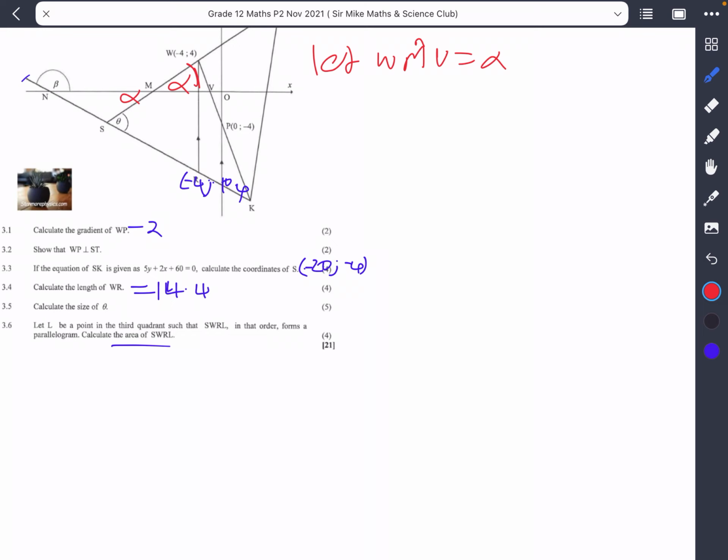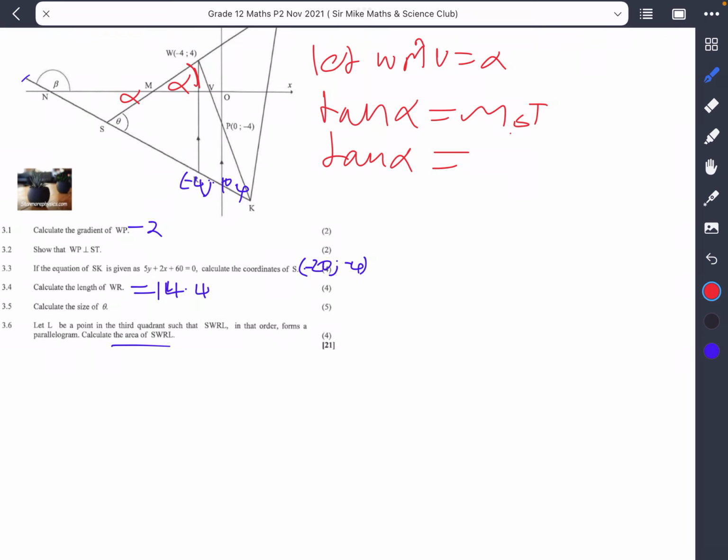To find the angle of inclination of any line, I would simply say tan of alpha is equal to the gradient of that line, which would be the gradient of SW or SM or ST. So this would be ST. Now, what would be the gradient of ST?